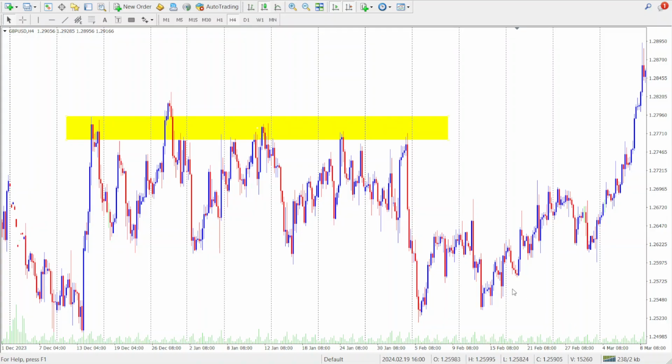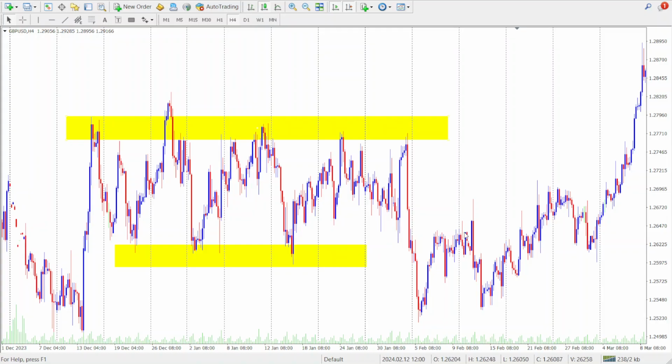On the flip side, demand zones are areas where buying pressure is strong, pushing the price up. Hence, we can see that we have a demand zone around here. Now these zones form when price makes a sharp move away from a level, indicating that institutions, banks, or big players are placing significant orders there.